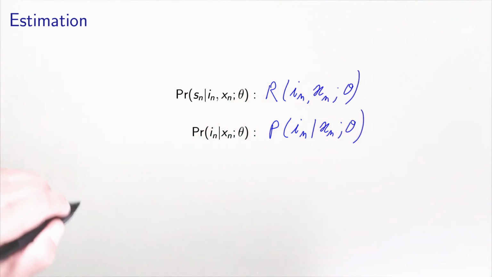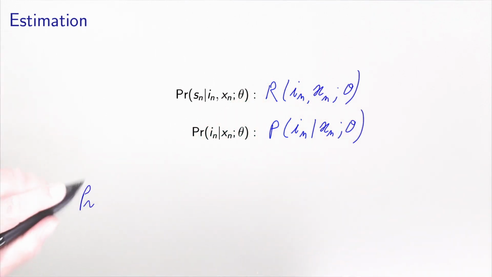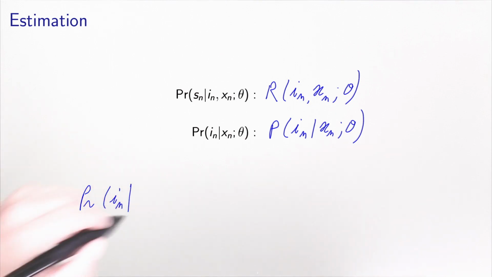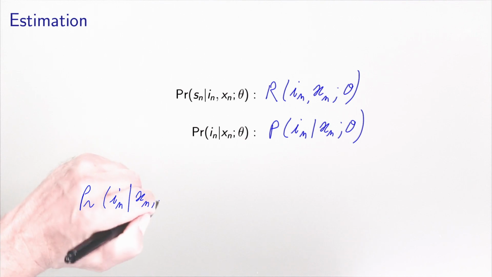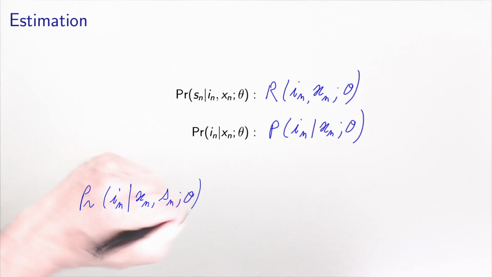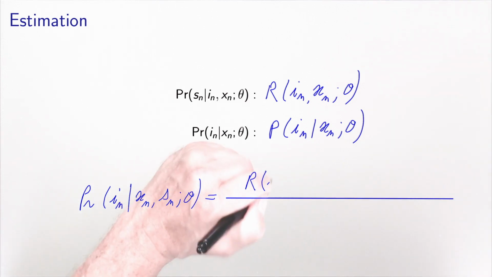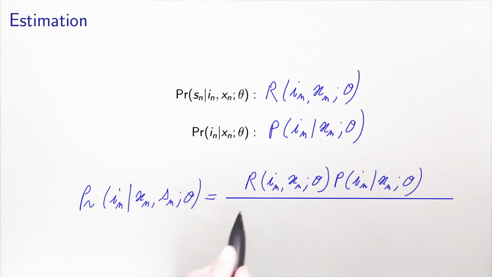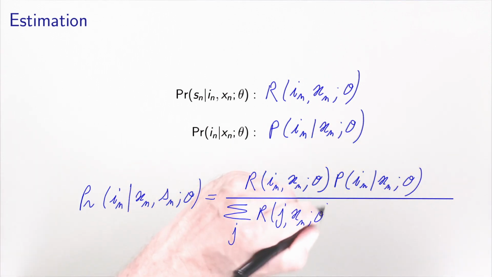And now if we put everything together, the contribution of individual n to this conditional likelihood function is written as the probability to be in the sample multiplied by the choice model and the normalization over all j of the same quantity.